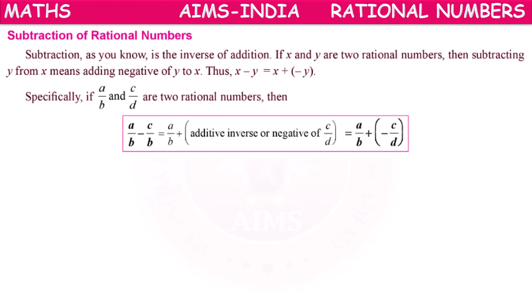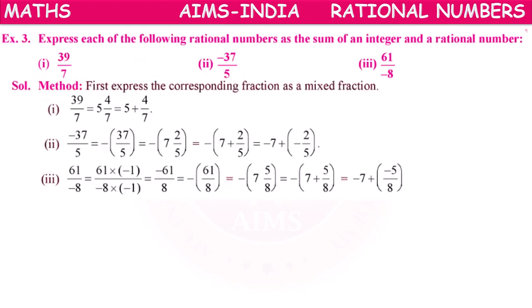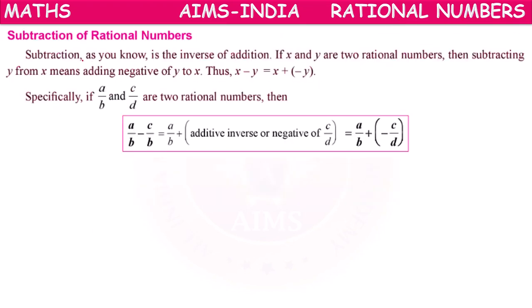Okay children, that is about addition. So next, subtraction of rational numbers. Subtraction we already know; subtraction is the inverse of addition, from our earlier classes. Suppose x, y are two rational numbers; subtracting y from x means x minus y.